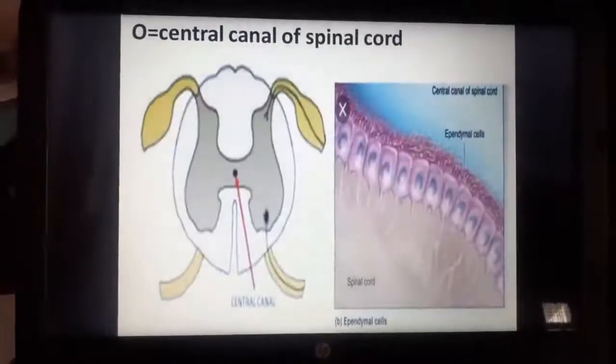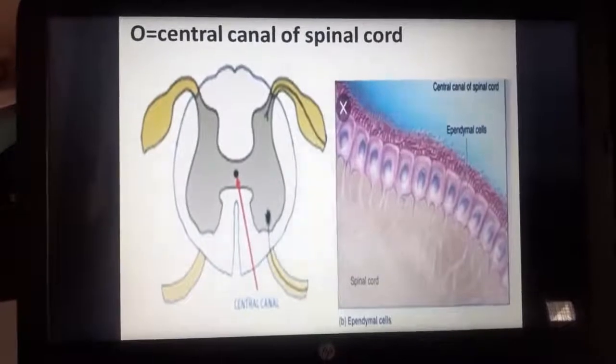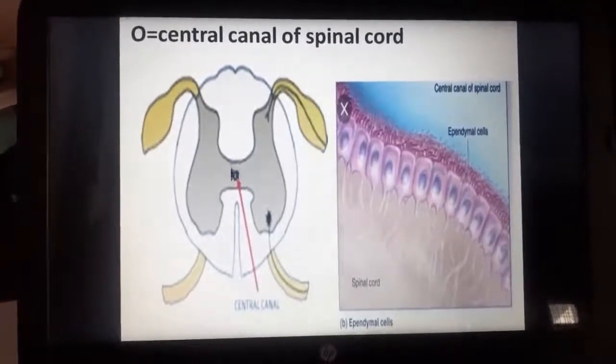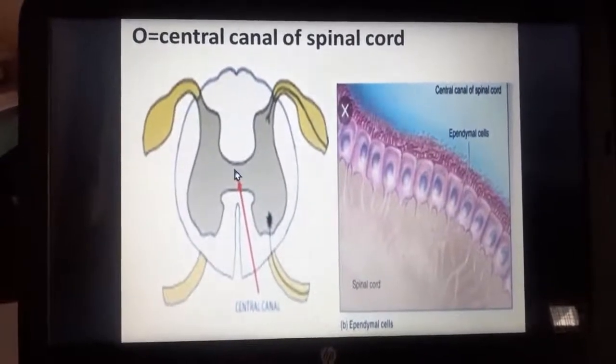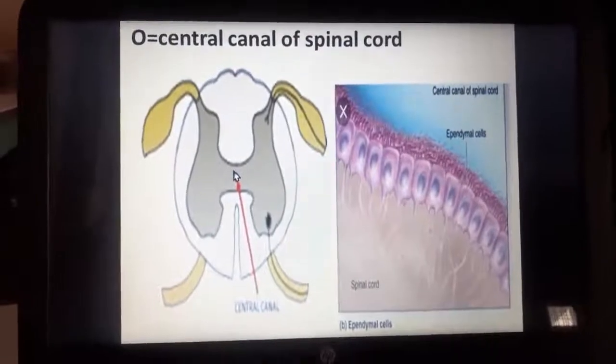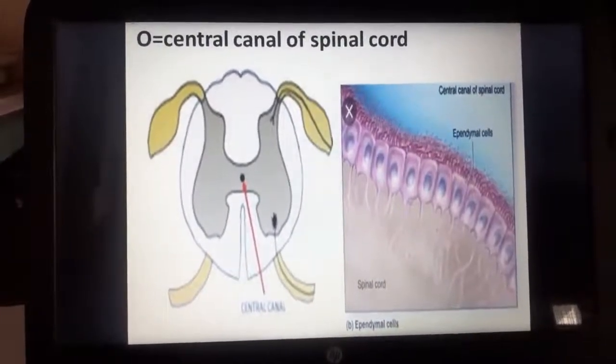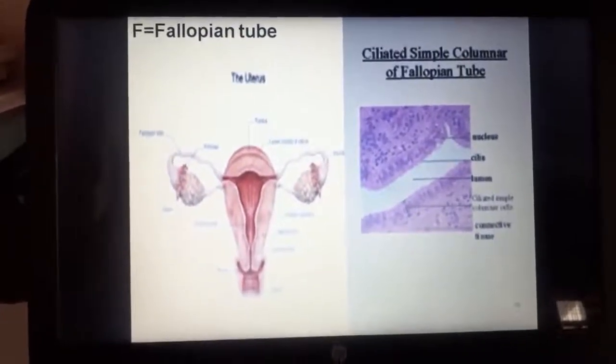So the example will be O for the central canal of spinal cord, just like the letter O. So the example of ciliated simple columnar is the central canal of spinal cord, and F for fallopian tube.